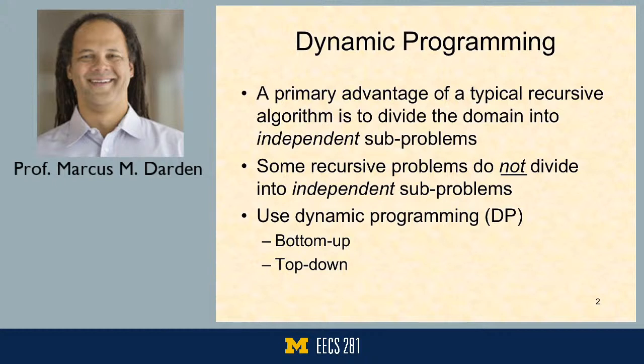We'll see that one as an early example here as well. And so when these subproblems are not independent, the common sort of divide and conquer that recursion often uses is not going to be successful because there's no real division. There's overlapping. So this is where DP comes in, and we've got a couple of different approaches here.